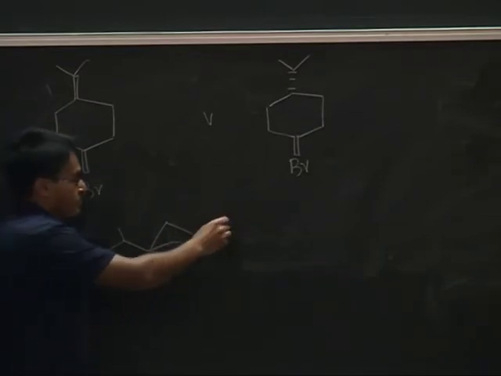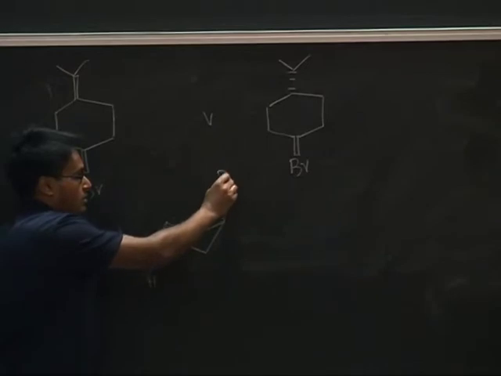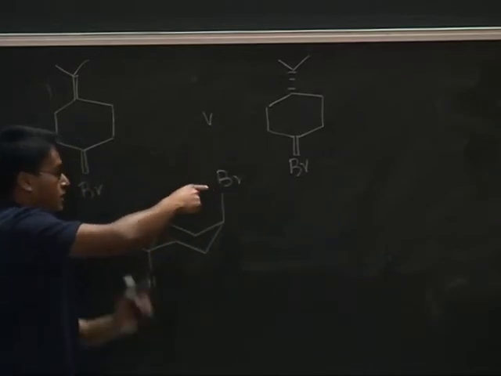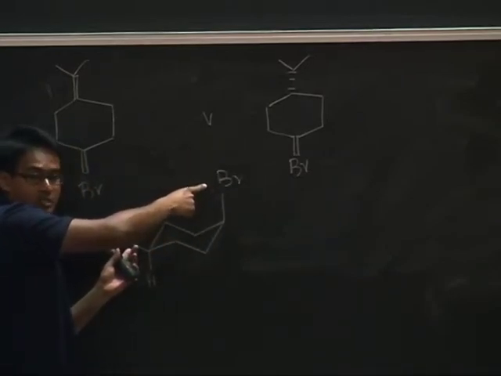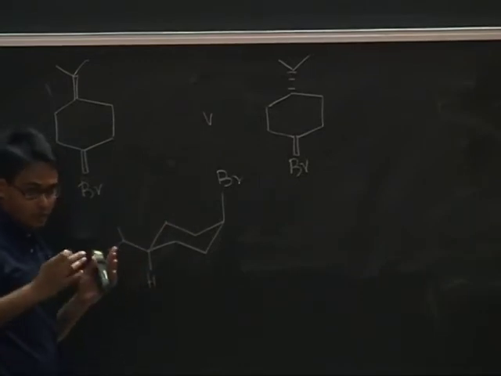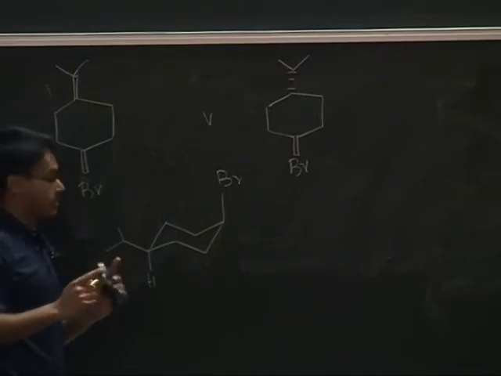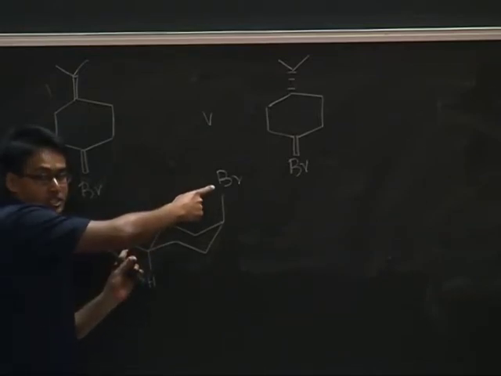Pointing up. So if the Br is cis, would it point up or down? Right? Do you get these two as cis? How do you decide cis or trans? Cis or trans is not decided by being axial or equatorial. It's decided by which way you're pointing, up or down. This is pointing up, that's pointing up, so that's cis.